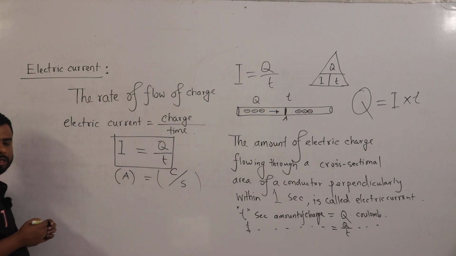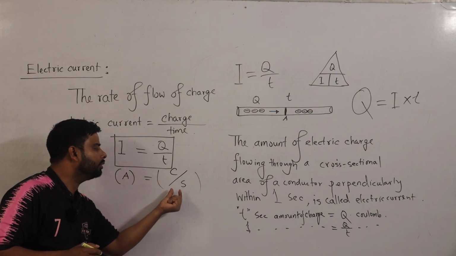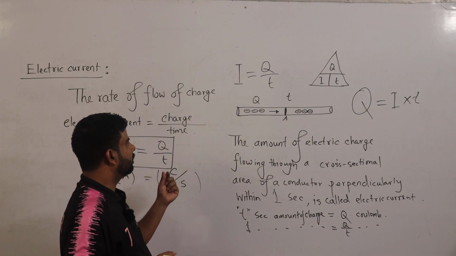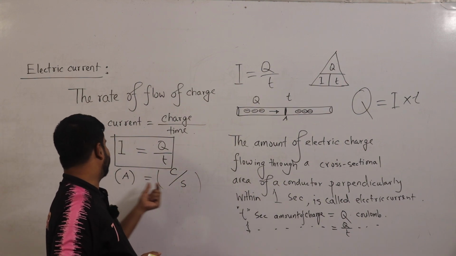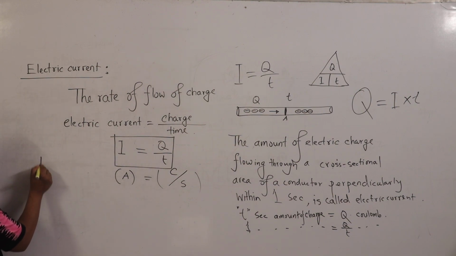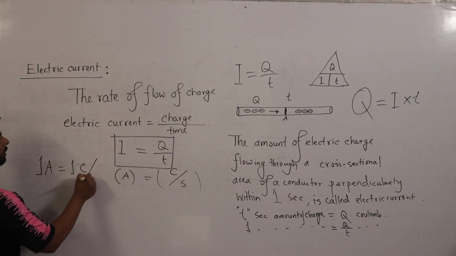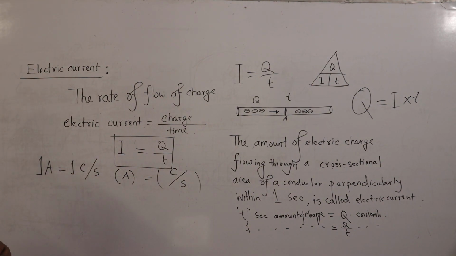Remember, 1 ampere means that if 1 coulomb of charge flows through a conductor within 1 second, the current is 1 ampere. So 1 ampere equals 1 coulomb per second.